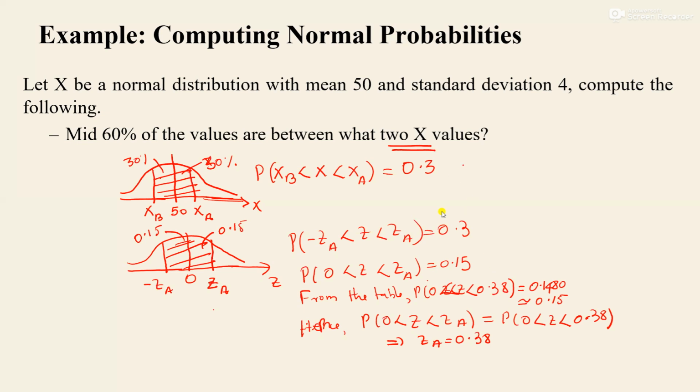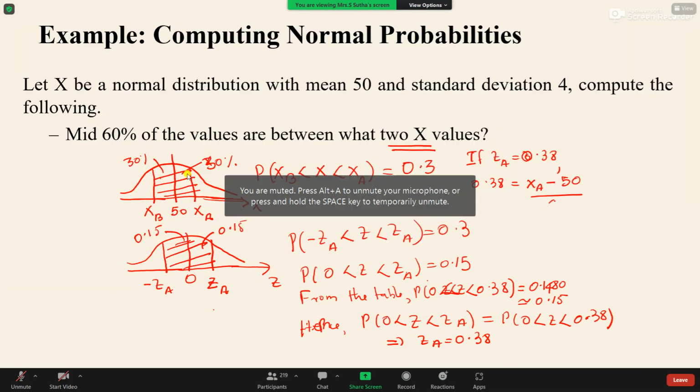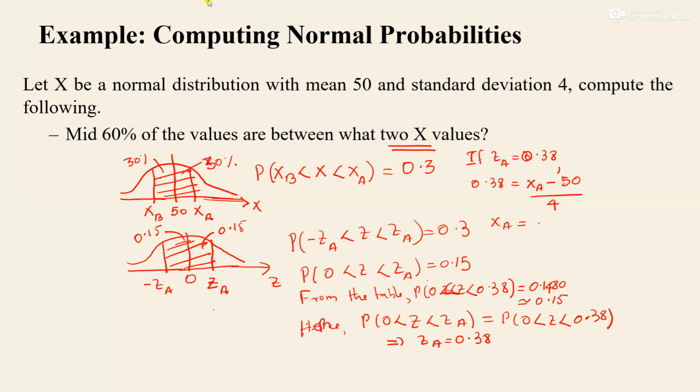So, when ZA is equal to 0.38, then 0.38 is equal to (XA minus mu, which is 50) divided by 4. From this, XA is equal to 4 into 0.38 plus 50.